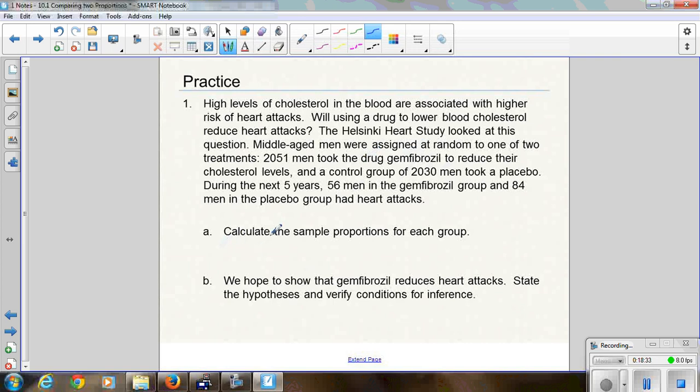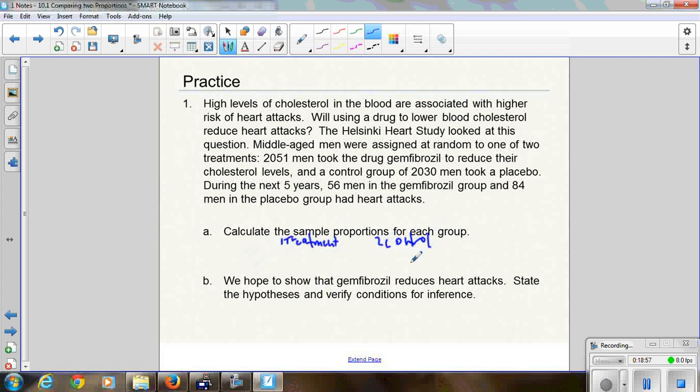If I say population 1 is my treatment group, and population 2 is my control, this is what I would recommend, just to sort of lay everything out. Sorry, my handwriting is so terrible.